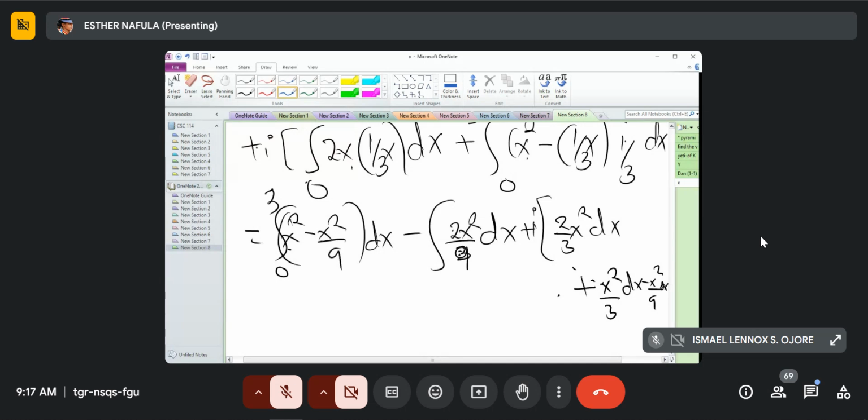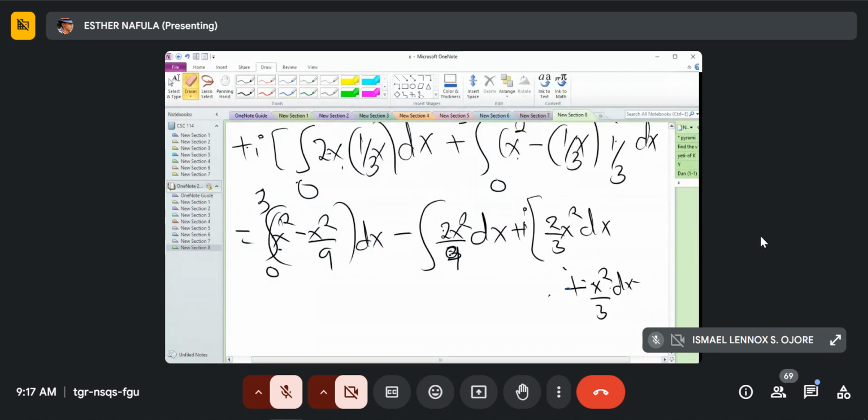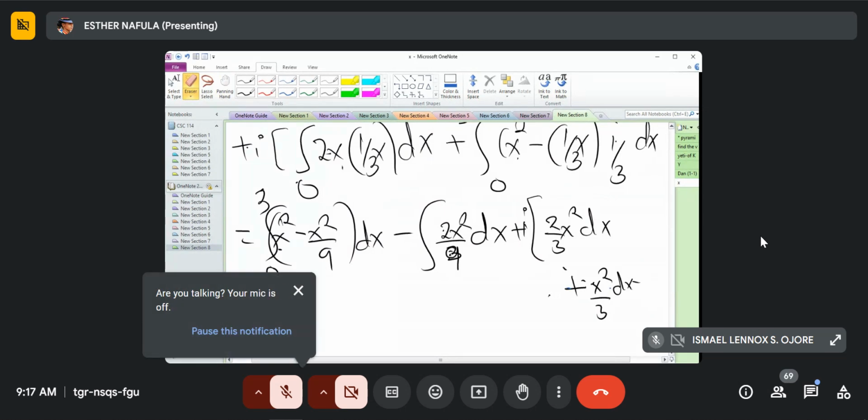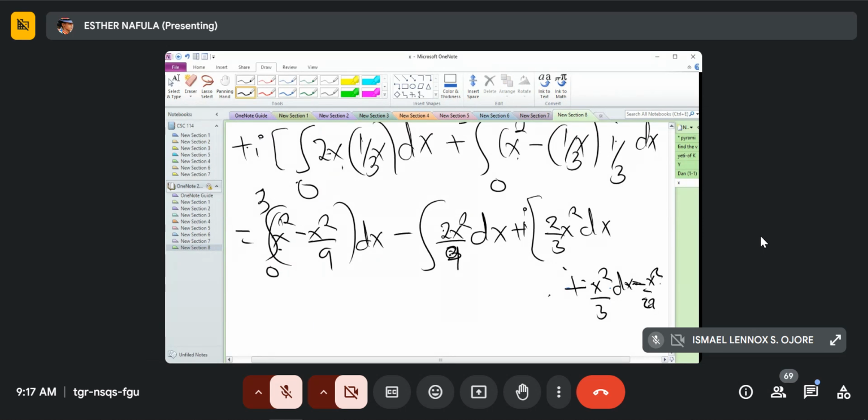Yes, it should be over 27. Sorry. Yeah, this one, because it's a third x squared, so 1 over 9 times a third, x squared over 27. So this is minus x squared over 27 dx. So let's integrate this.